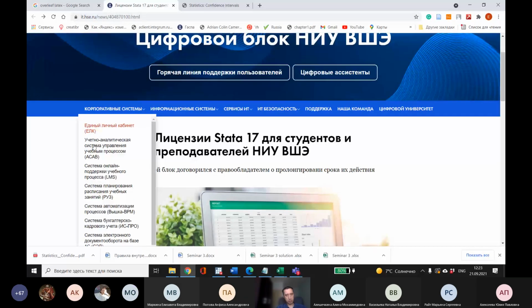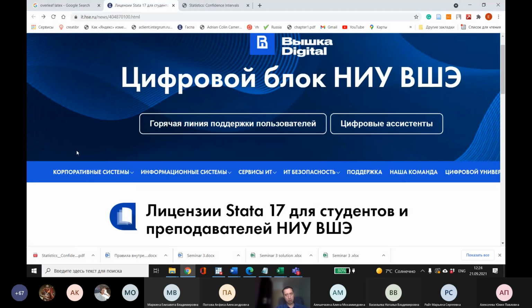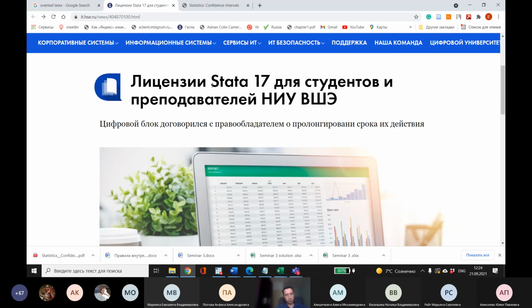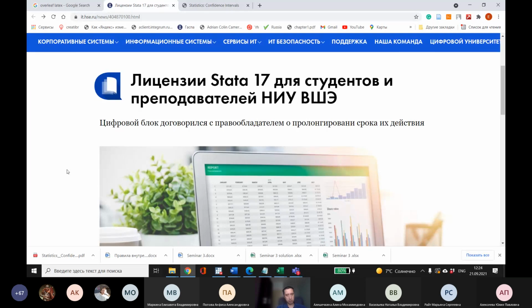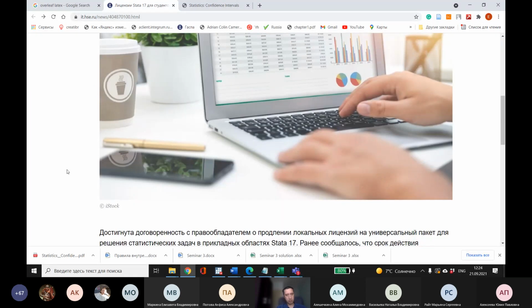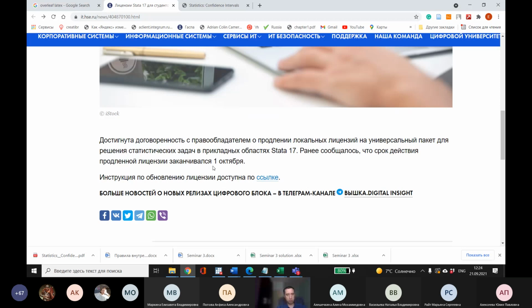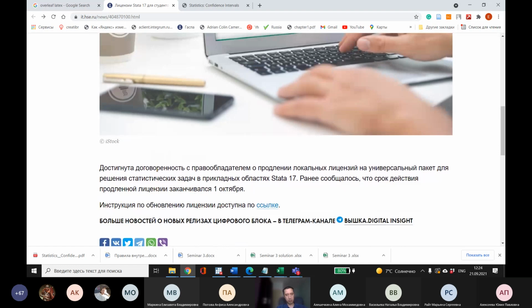Okay, and the last point, let me tell you about Stata. Unfortunately, guys, our webpage about Stata is in Russian. If you are on distance learning, please download and install Stata 17 for HEC students. Here you can find instructions. Note that our license expires on October 1st, and later HEC will provide you with a new license.